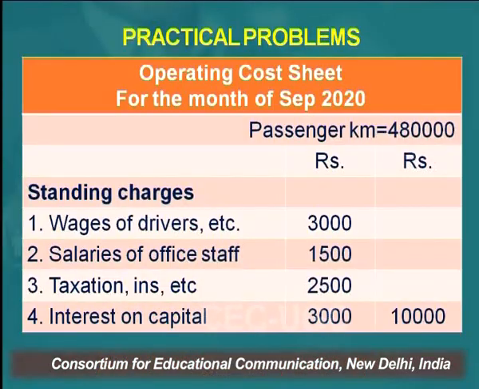As I said, there are two types of expenses. One is called standing charges, which we also call fixed charges. The other is called variable charges. In cost accounting, presentation is also very important, so you show standing charges separately and variable costs separately. The standing charges are wages of drivers 3,000 rupees, salaries of office staff 1,500 rupees, taxation, insurance, etc. 2,500 rupees, interest on capital 3,000 rupees.